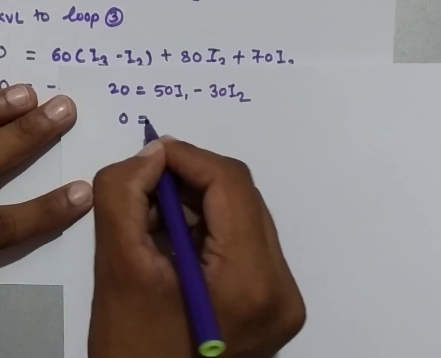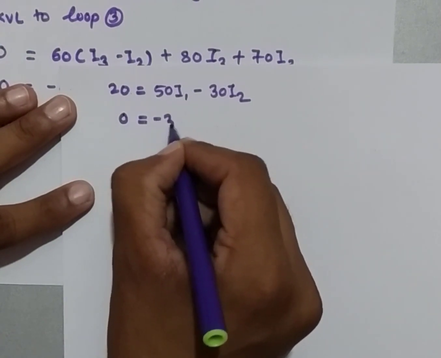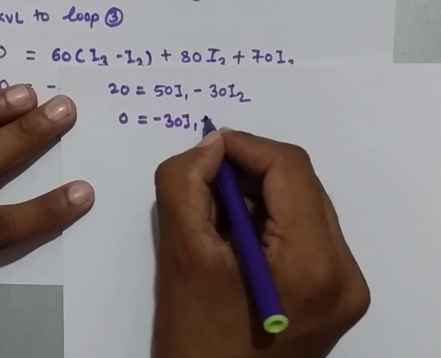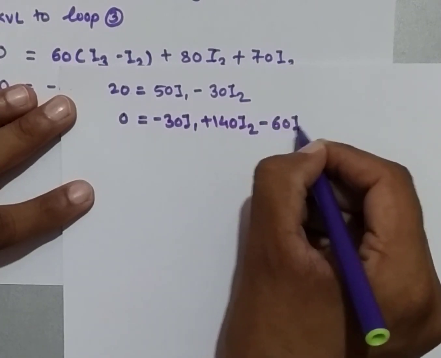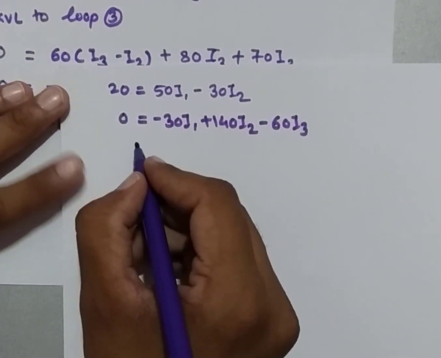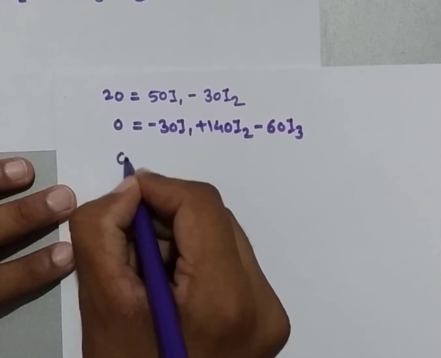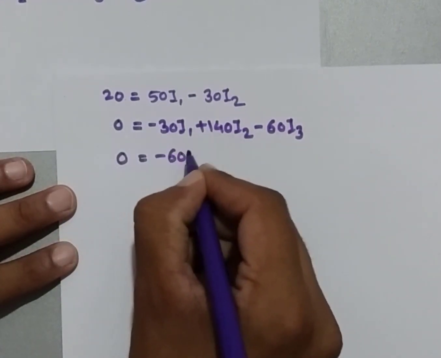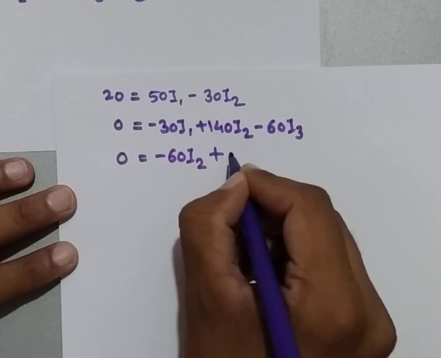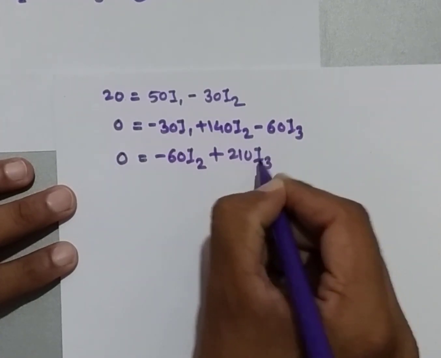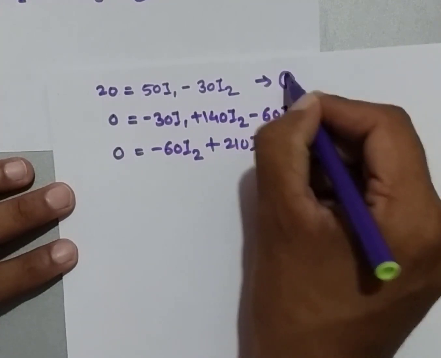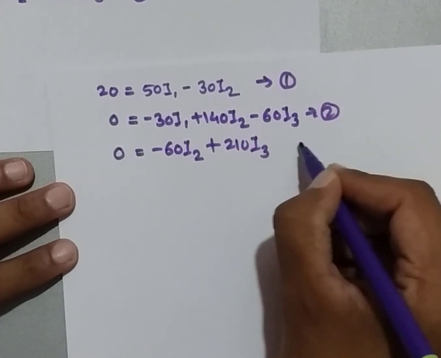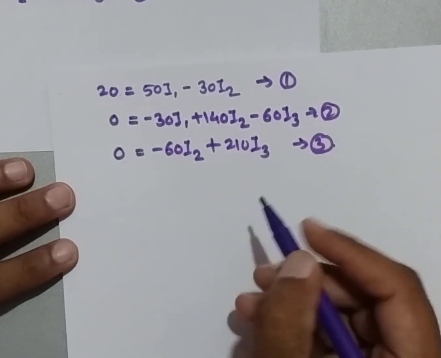Equation number 2 was 0 is equal to minus 30 I1 plus 140 I2 minus 60 I3, and equation number 3 is 0 is equal to minus 60 I2 plus 210 I3. So this was equation number 1, this was equation number 2, and this was equation number 3.